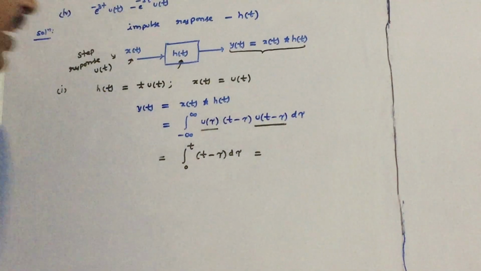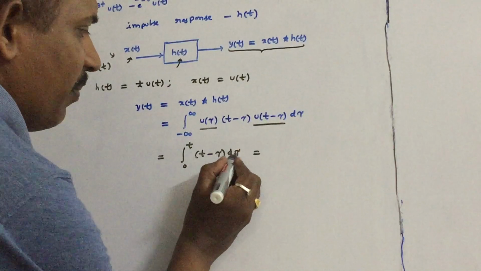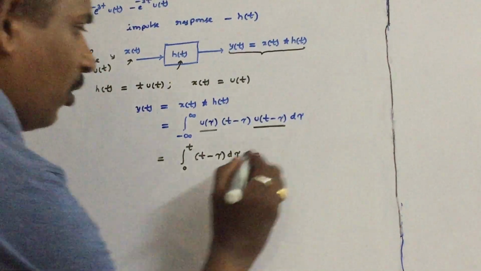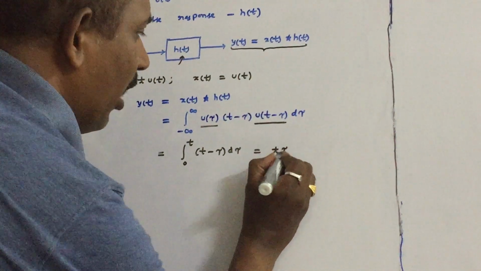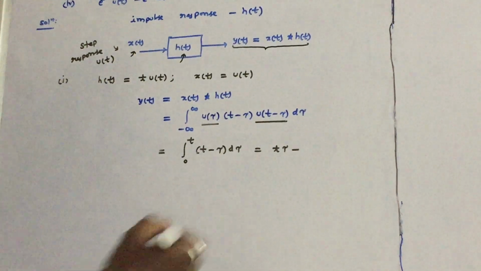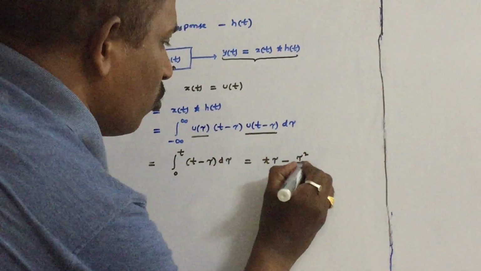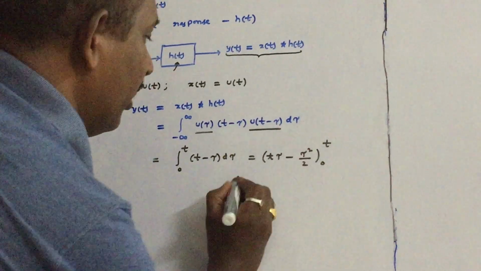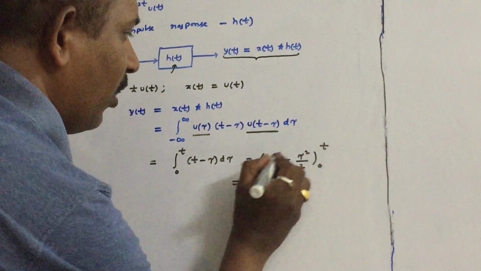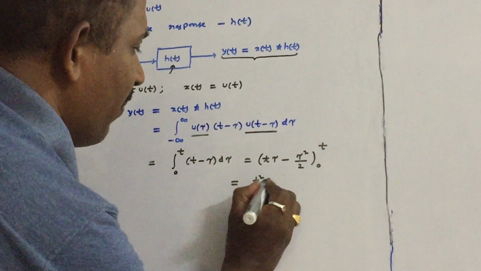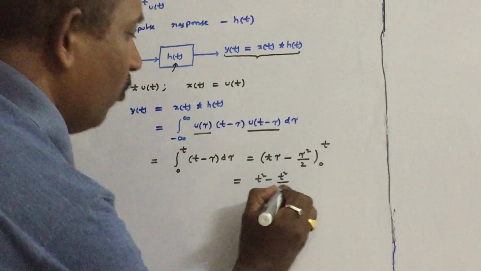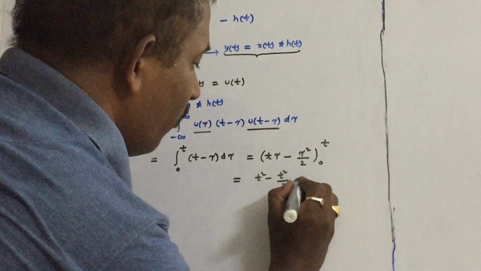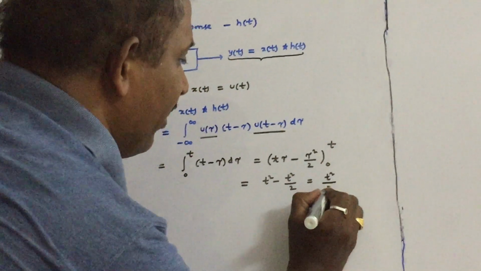So let us integrate this. In this, t is a constant because integration is with respect to tau. We get t into tau minus tau square by 2, with limits 0 to t. If you substitute tau, we get t square minus t square by 2, and the lower limit 0 gives nothing, so it comes out as t square by 2.